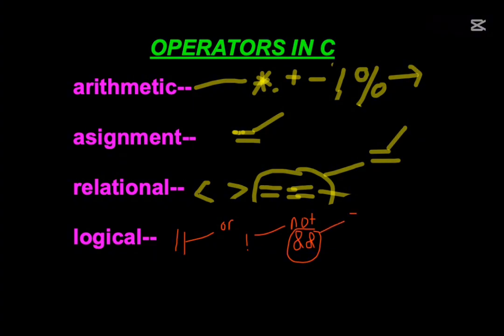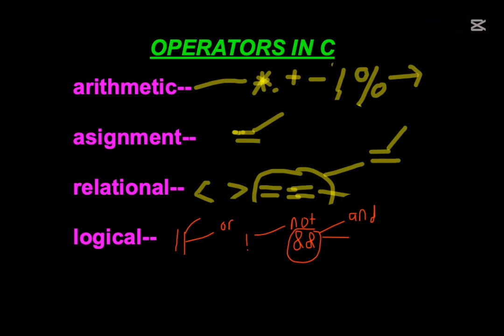That's what it means. We use this with conditions, and we use this to do some task. So it is very, very important. Each time you see something like this, it means or; if you see something like this, it means and; and this means not.